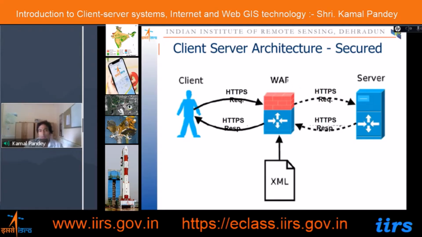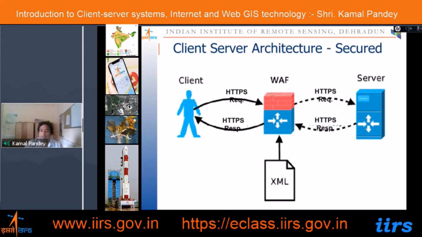So what we do, we install a WAF, or the firewall, in between the server and the client. Client cannot go directly to the server. First, it will come to your WAF. WAF means Web Application Firewall. So once the HTTPS request comes to the WAF, it scrutinizes it, it reads it, whether it is okay or not, and if it finds it okay, actually we create certain rules inside this WAF.